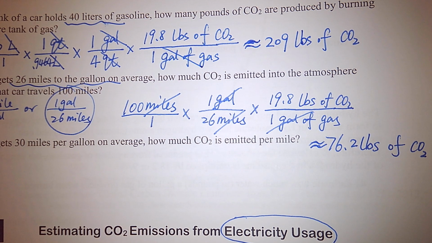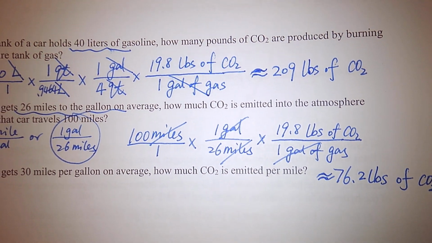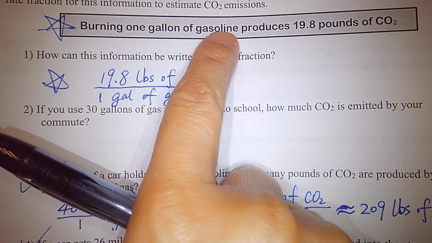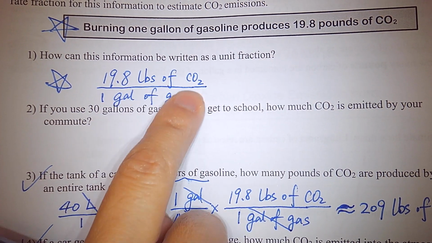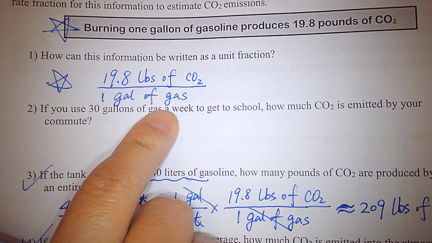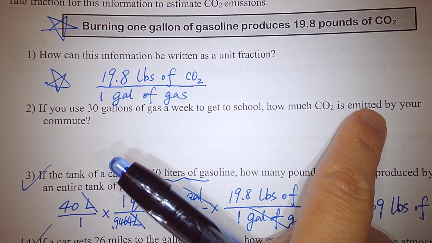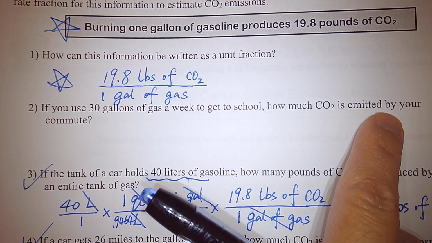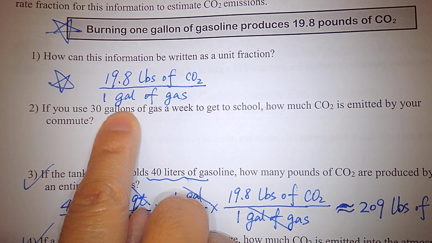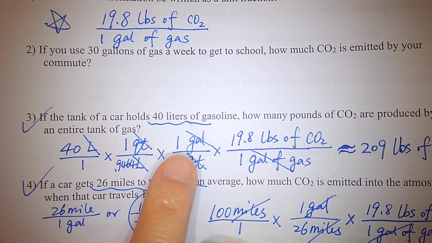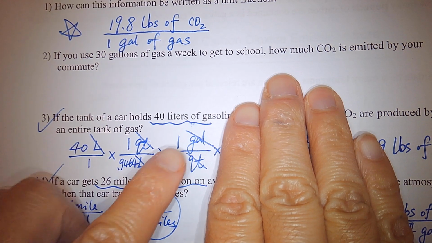All right, let's summarize. Gasoline emission depends on what? Gallons of the gas. So to find out how much CO2 is emitted from burning the gas, first we have to figure out how many gallons of the gas there are. See? In question 3, we computed how many gallons of the gas.